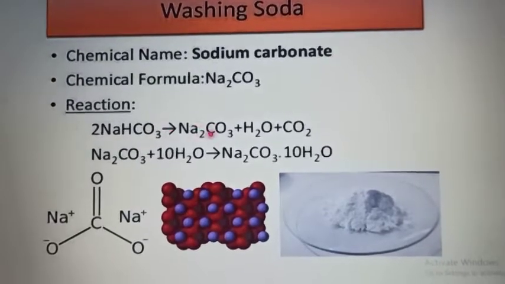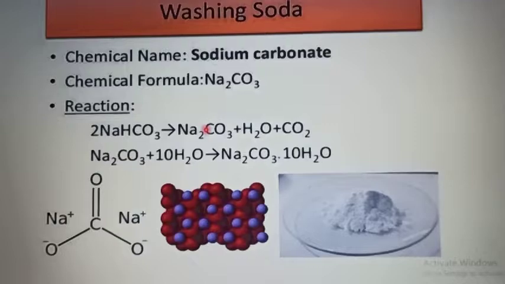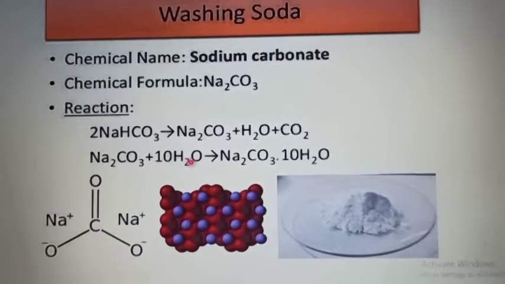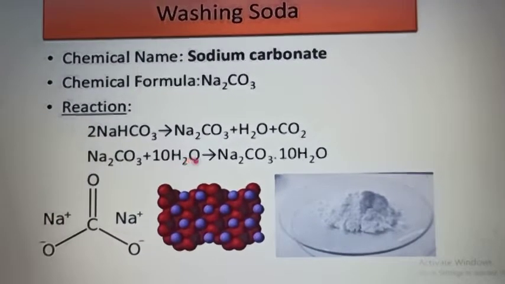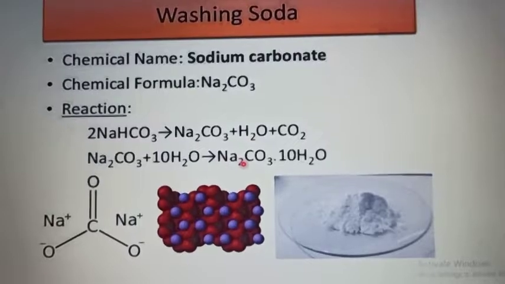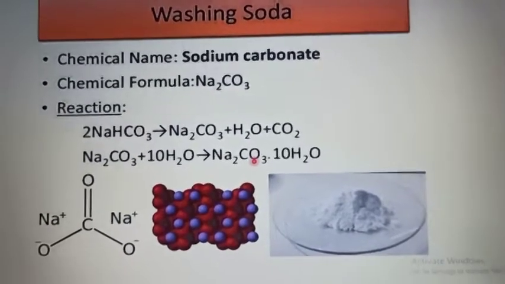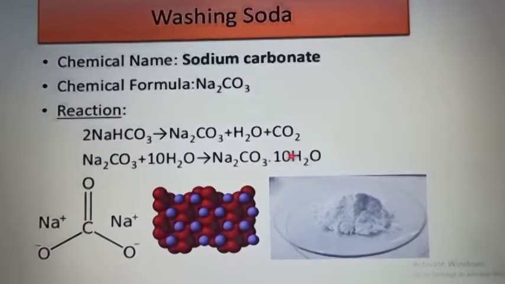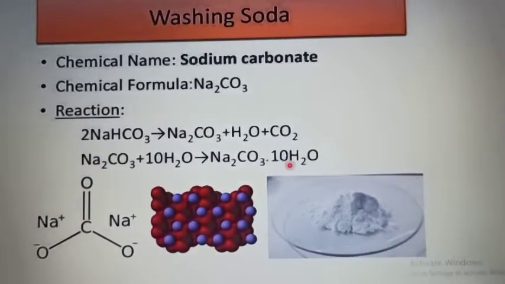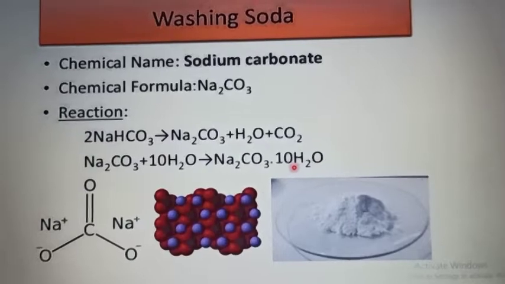And when this sodium carbonate is added with 10 molecules of water, it forms washing soda, that is sodium carbonate decahydrate, because washing soda contains 10 molecules of water in it, right?